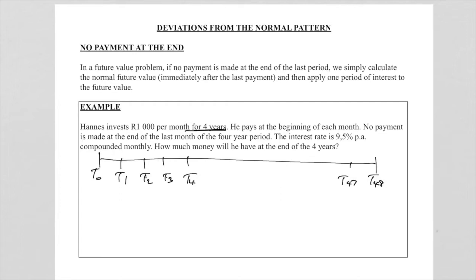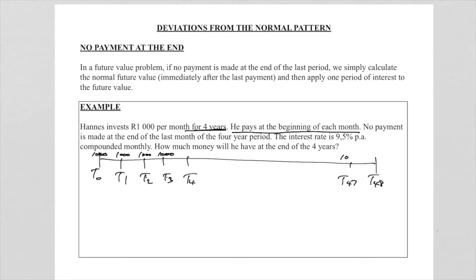So 4 years on a monthly basis means 48 months. Also keep in mind that it's stated that the payments are made at the beginning of each month. So that means our first payment will be at T0 because we do it at the beginning of the month, not the end of the month. And then the beginning of the next month, and so it continues.